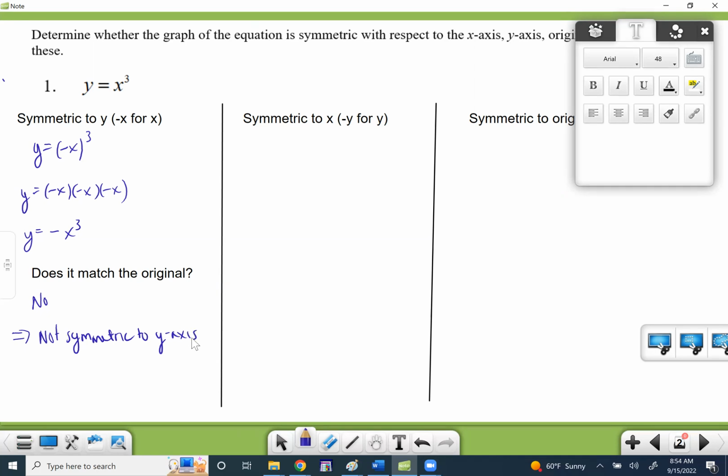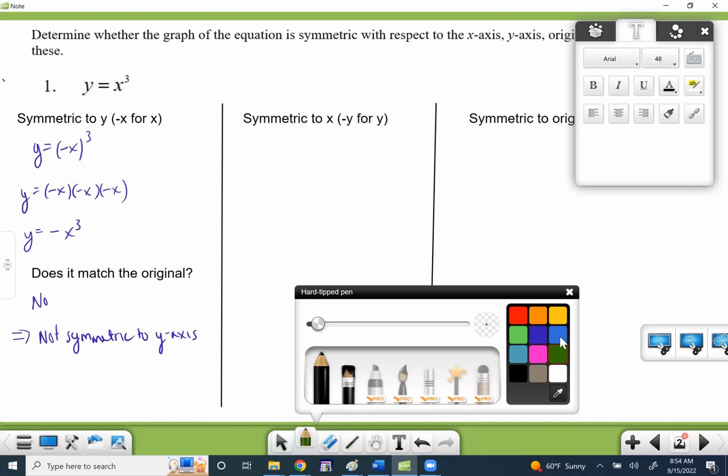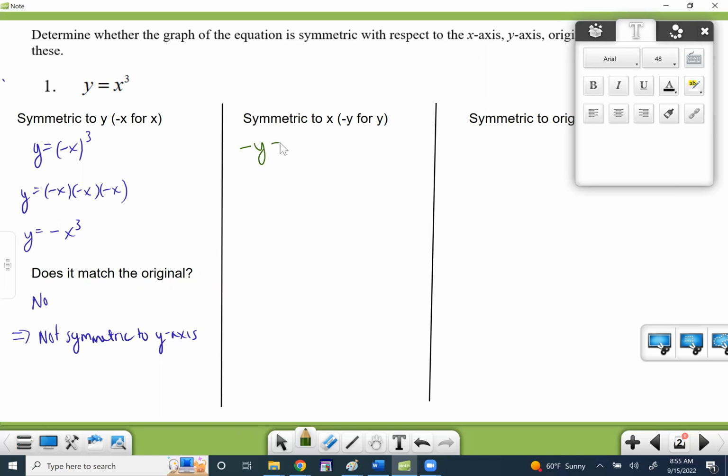Okay. Let's try the one for symmetric to the x-axis. So we're going to substitute a negative y in for the y on the original equation. And you can clearly see this does not match the original, right? So that's always our question. Does it match the original?